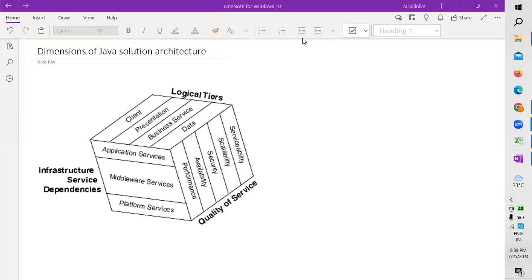All these things we need to understand from the infrastructure service dependencies point of view when providing a solution architecture, especially for Java applications.